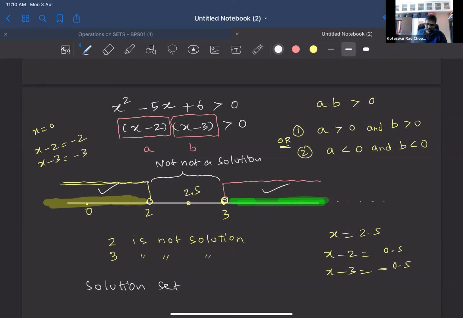Remember, I put an open circle there. Open circle is like a gap. So you use the normal bracket 3 and then any value after that is okay. So you put an infinity. And anything less than 2. So 2 is at the higher end. So you put minus infinity to 2.